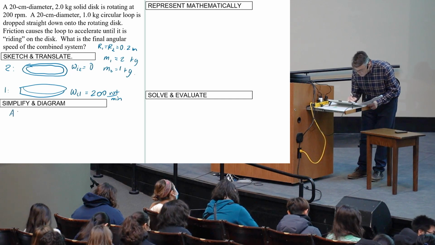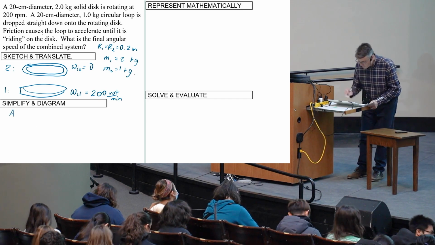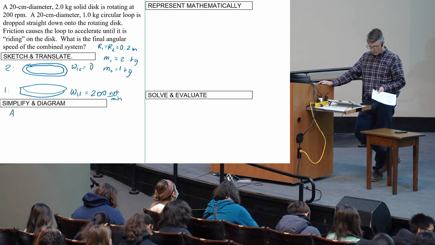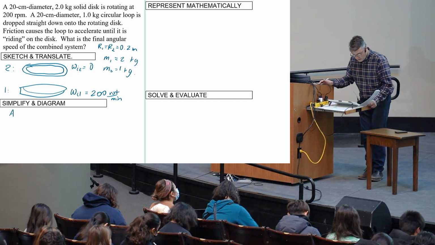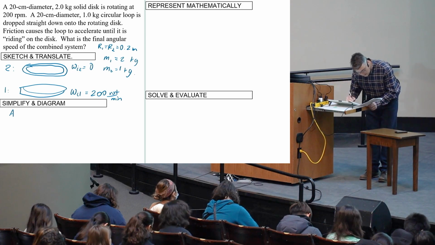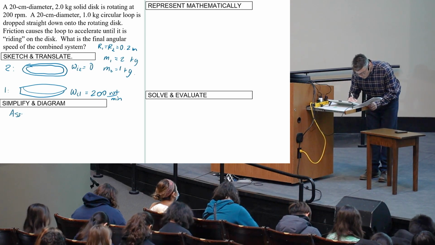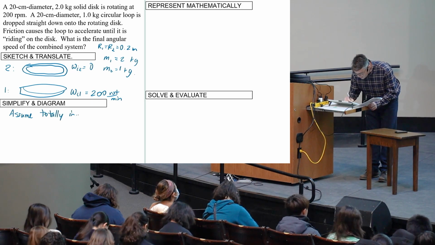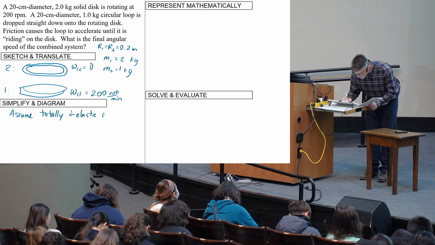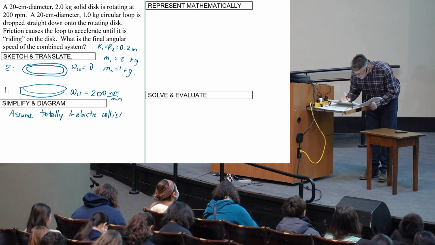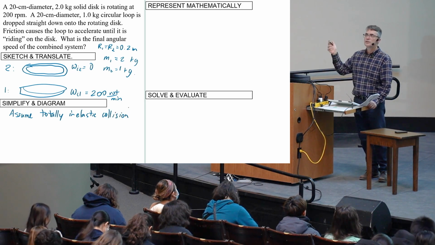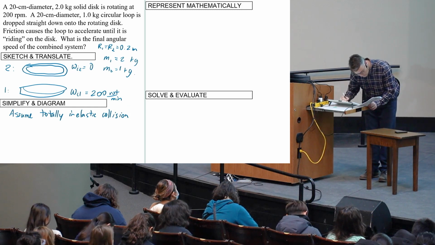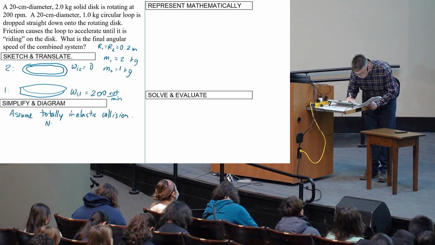So what happens is that it's dropped down, friction causes the loop to accelerate until it's riding on the disk. What is the final angular speed of the combined system? So we're going to assume here a totally inelastic collision. And we're going to conserve momentum, except we're going to conserve the rotational momentum, because there's no external torque.